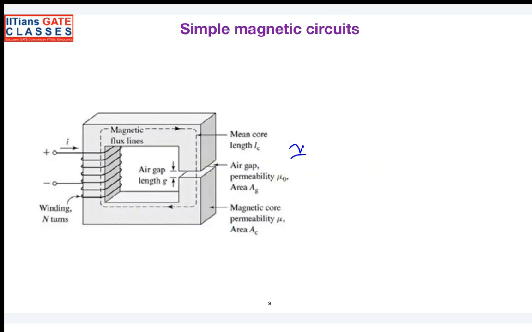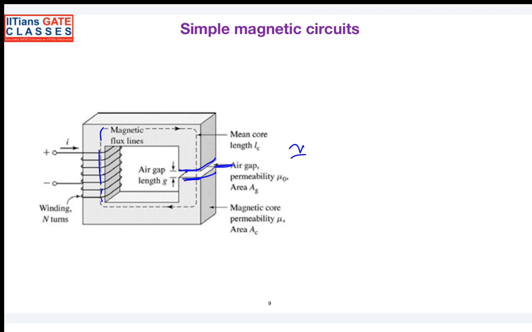Now, I want this to be represented in a magnetic circuit model. First of all, whatever flux is generated here, you can see that up to here the magnetic core is there, and between this one and this one there is a small air gap.